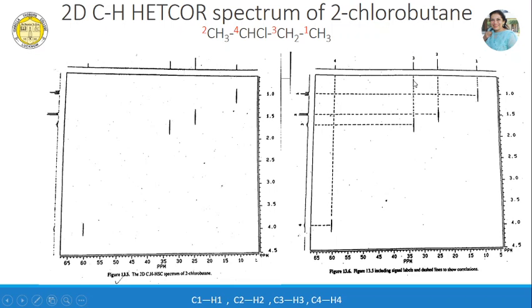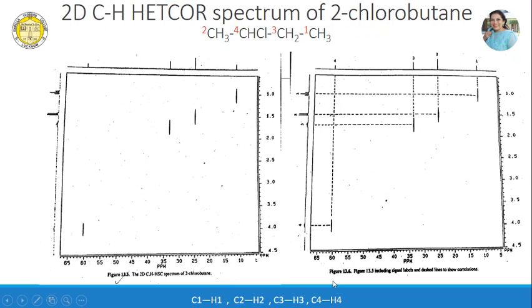And if you see carbon atom 3, there are protons which are coming at around 1.7 and giving me a multiplet. And at 60 ppm, I have got a peak at 4. The protons are coming at 4. They are really downfield. And why are they really downfield? Because there is a chlorine attached.